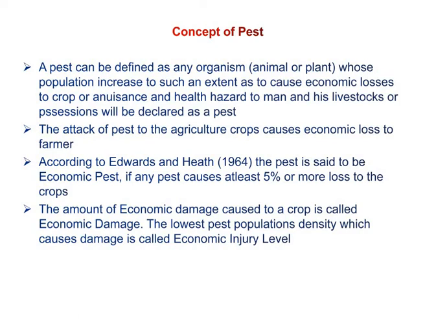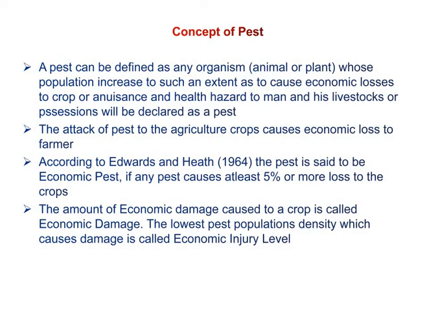For calculating the economic injury level, it includes 4 parameters: the cost of control, the market value of the crop, the yield loss attributable to the unit number of insects, and the effectiveness of the control. So, these are the parameters of the economic injury level.